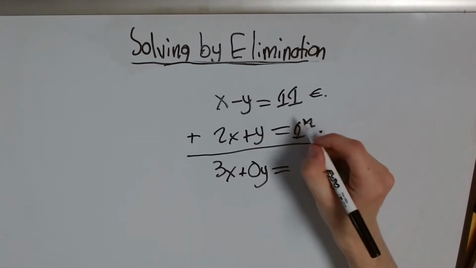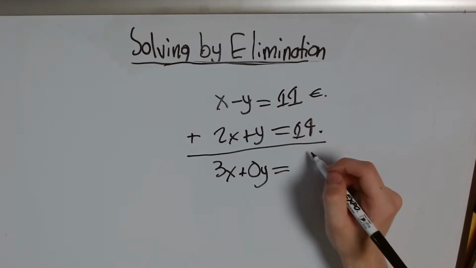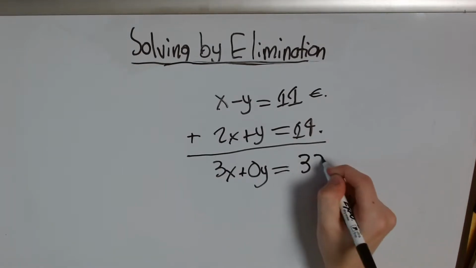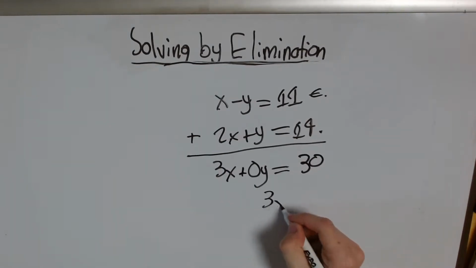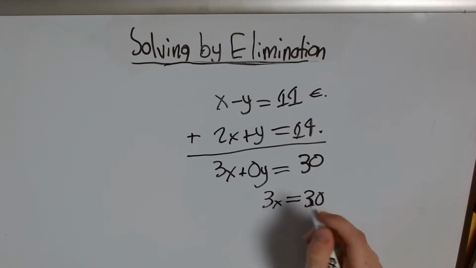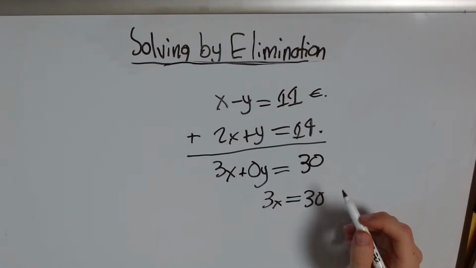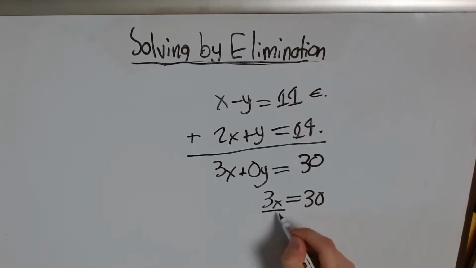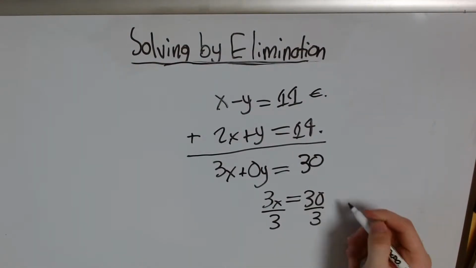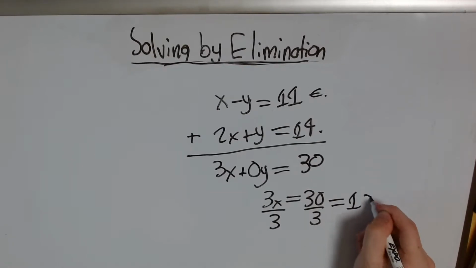And then over here I have 11 plus 19, which is 30. So really I have 3x equals 30. So in a single step, I've just canceled out an entire variable. And now solving is pretty easy. I divide by 3, and I get x equals 10.